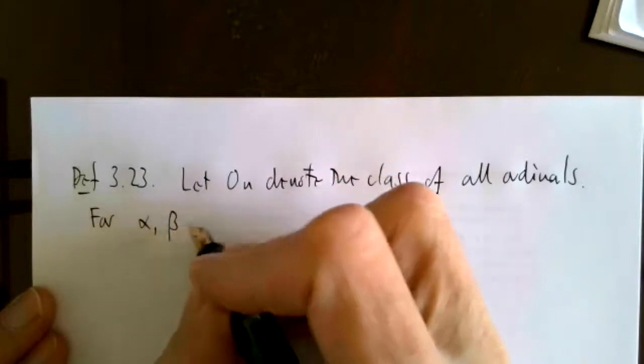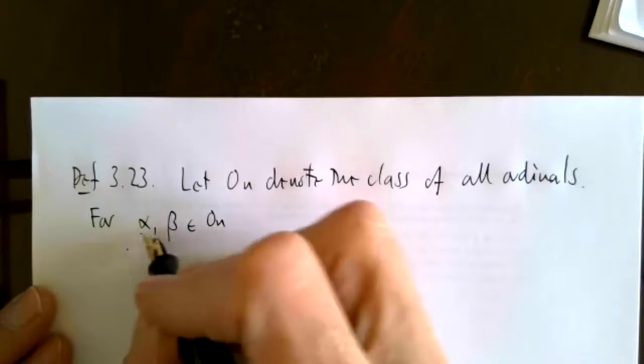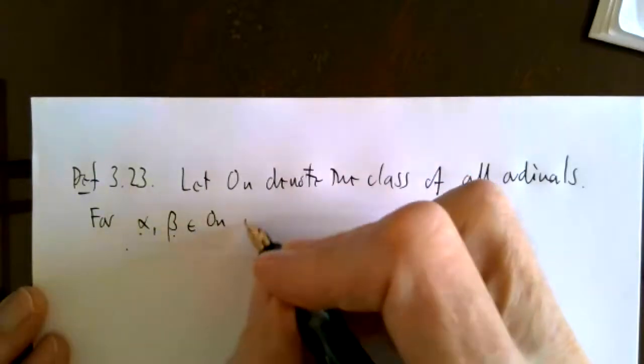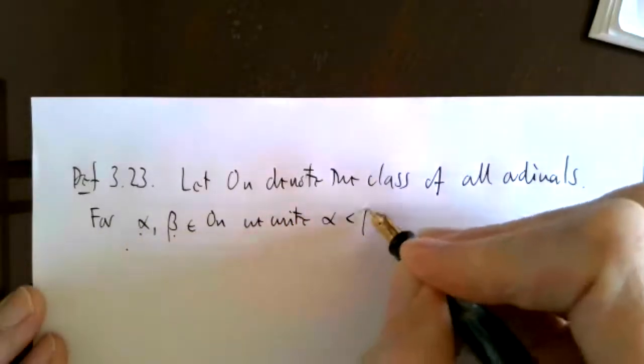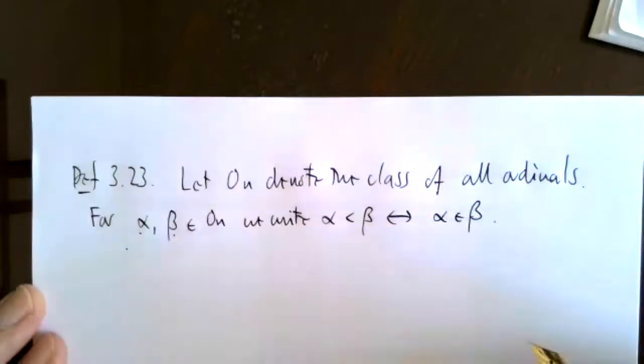For alpha and beta in ON, so here I'm saying these are ordinals, alpha and beta, transitive, well ordered by epsilon. So we're going to write alpha is less than beta if and only if alpha is a member of beta.